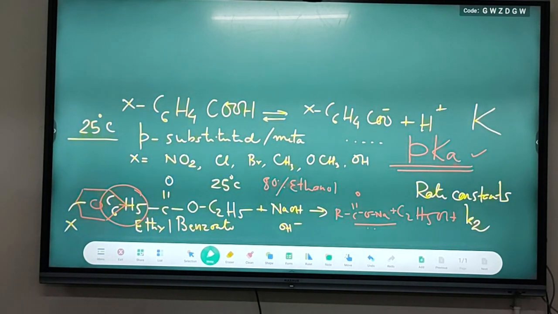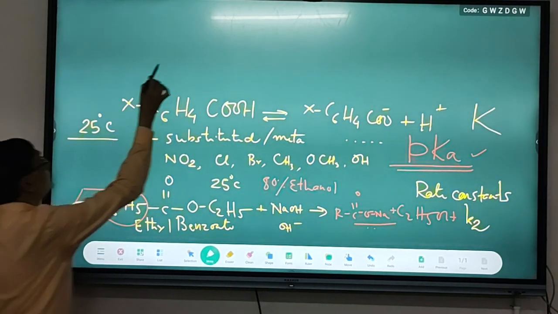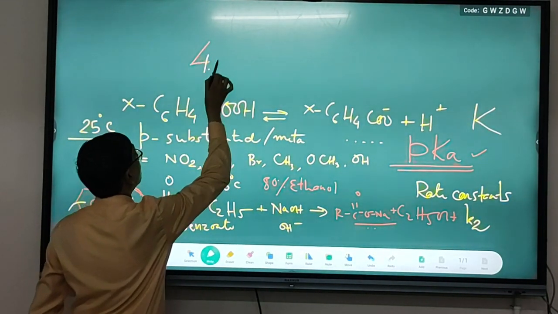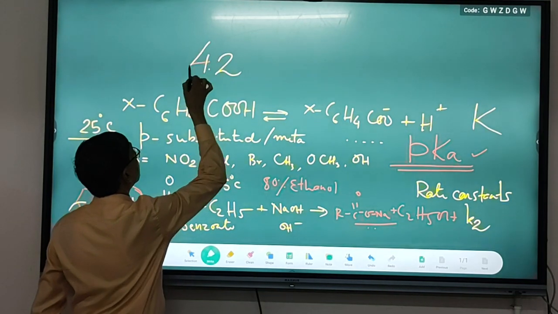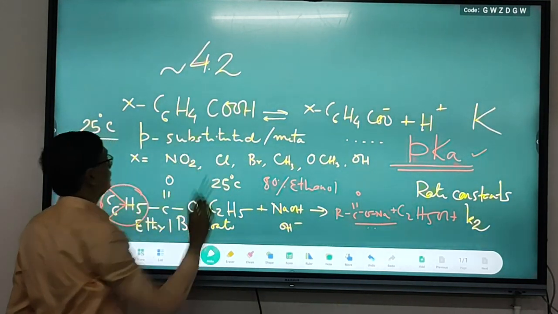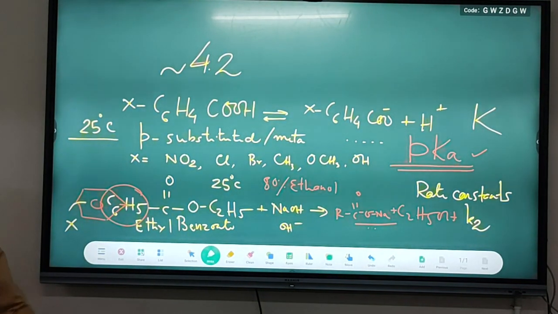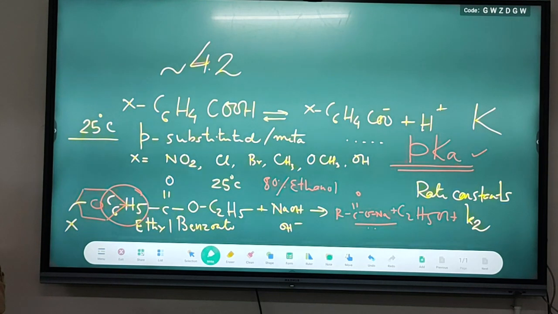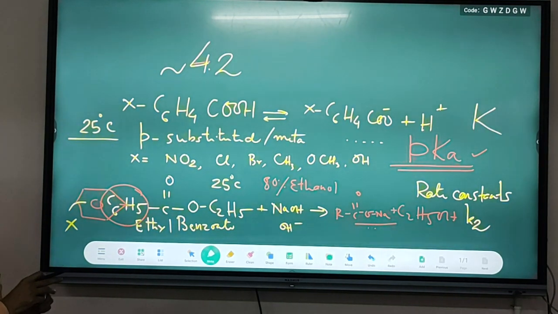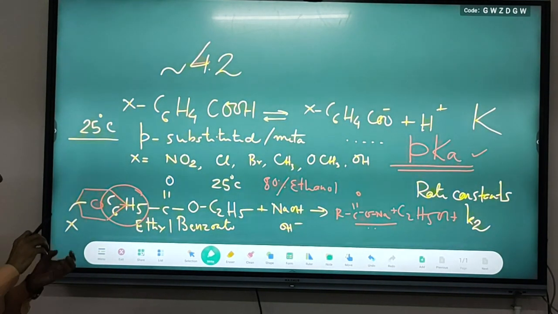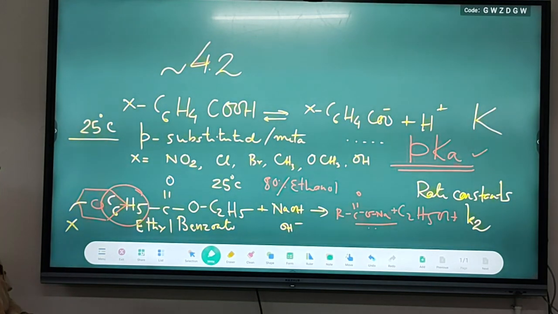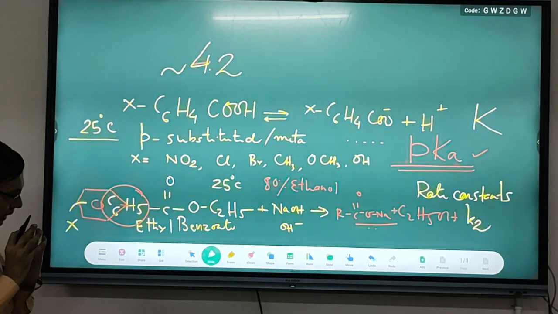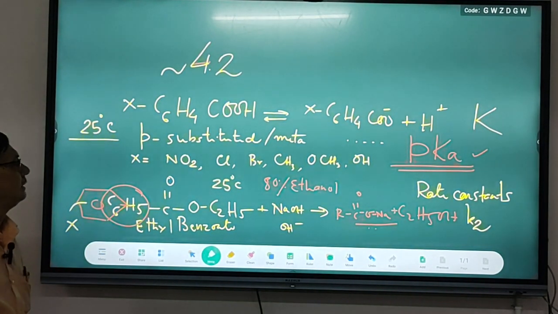As you know, the pK of benzoic acid is around 4.22. Approximately, I am talking about these things. Suppose you add an electron withdrawing group. You know the role of nucleophilicity and electrophilicity, where electrons go to nucleophiles.